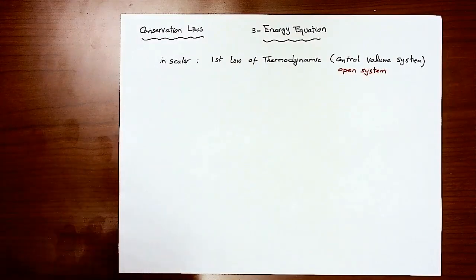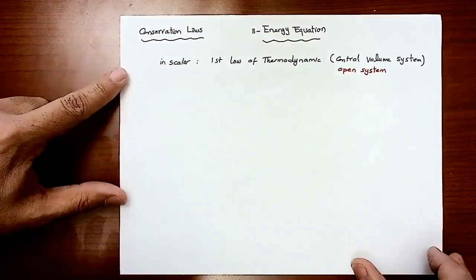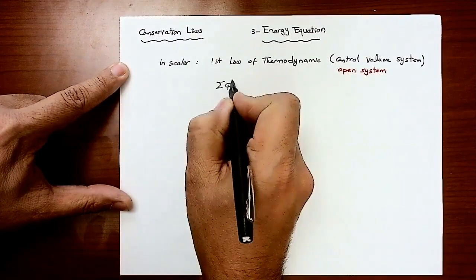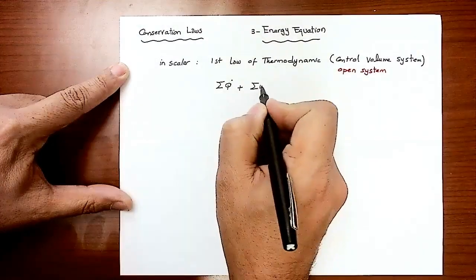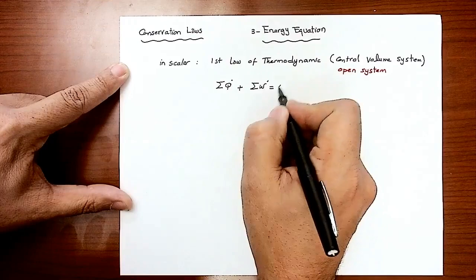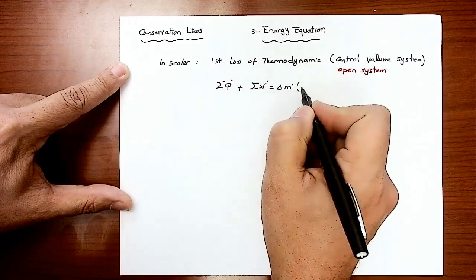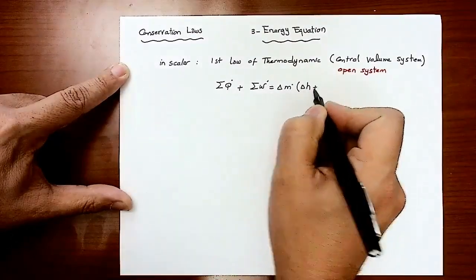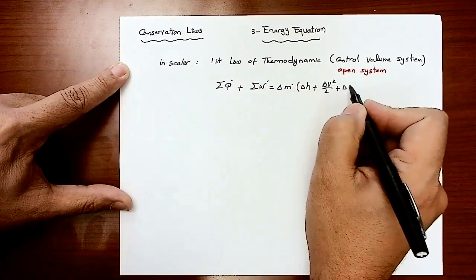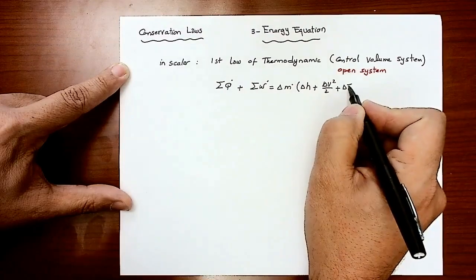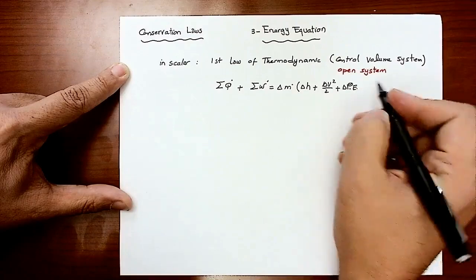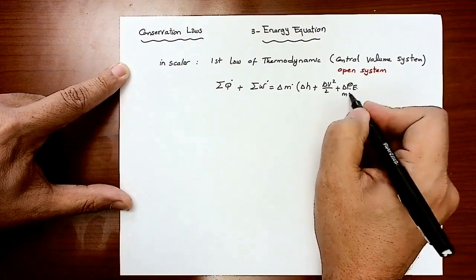So if you recall the first law of thermodynamics for the open system, the equation is: summation of Q dot plus summation of W dot should equal the mass flow rate times the change of enthalpy plus the change in the kinetic energy plus the change in the potential energy, which is simply m g delta z.